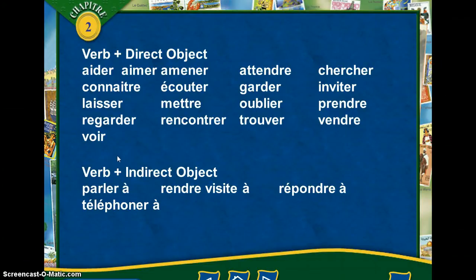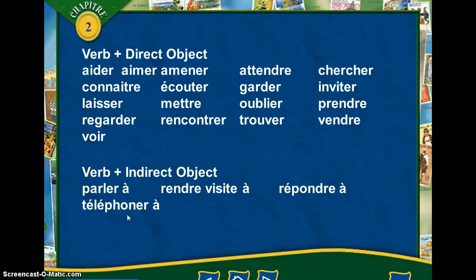So if we're talking about a singular person, le or la, or l', or if it's a plural person, we're going to use les or things as well. And these are going to be these direct objects. They directly receive the action of seeing, looking at, leaving, etc. These right here, you'll all notice, are followed by the preposition à, parler à, rendre visite à, which means to visit a person, to answer a person, and to call a person.